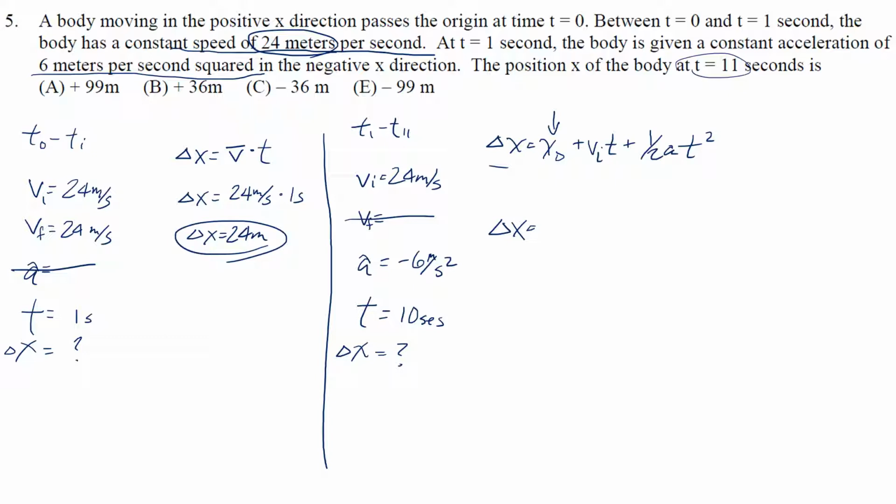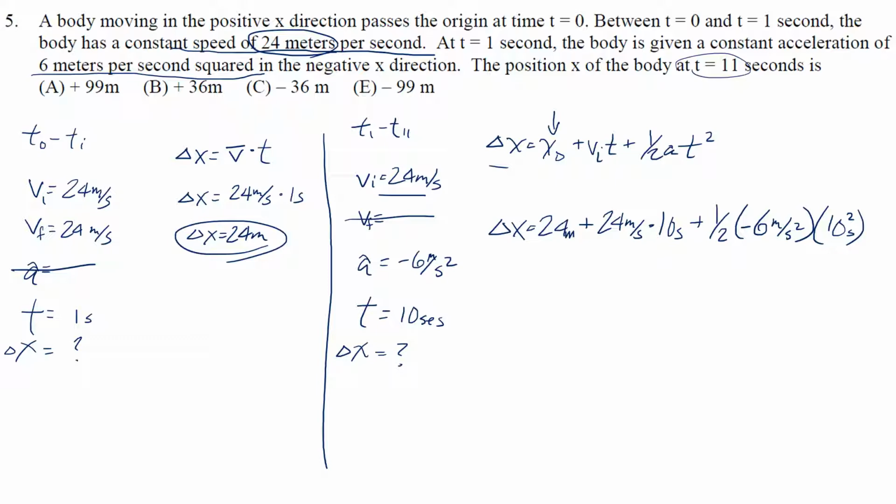At 1 second, it's at 24 meters. So we're going to put 24 here, plus our v initial, which is 24 meters per second, times t, which is 10 seconds, plus 1/2 times negative 6 meters per second squared times 10 seconds squared.